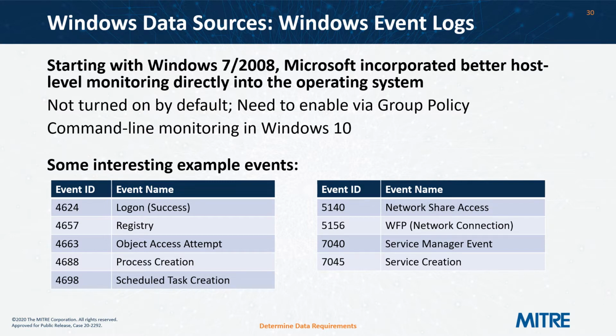A sample of interesting native Windows log events includes logon events, registry activity, process creation, an event specific to scheduled task creation, which we'll use in our examples, network activity, and service creation. Just like with Sysmon, each of these events is populated with additional fields and values, providing more context about the event to help with analysis.